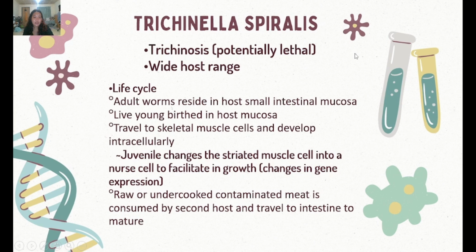Dira sa atong muscle cells kay dira na ang juveniles kay ma-change sa iyang function niya. Striated muscle cell will then be changed into essentially a nerve cell that will facilitate the development of this parasite. And this can result in gene expression.